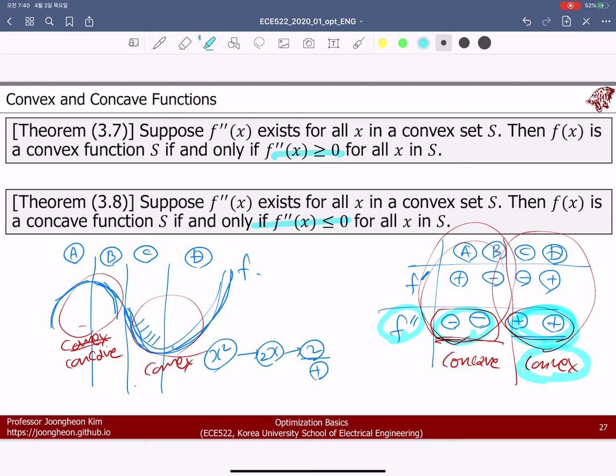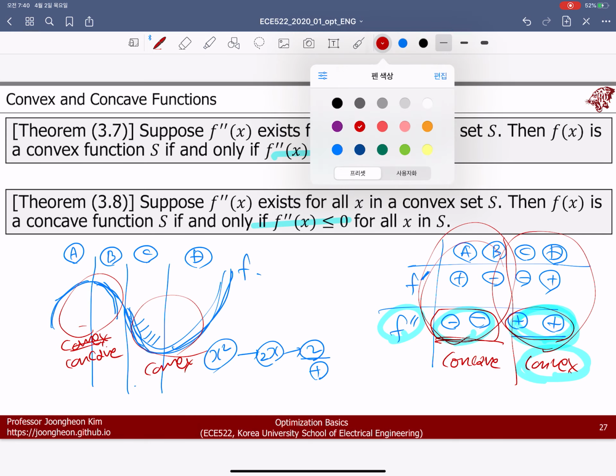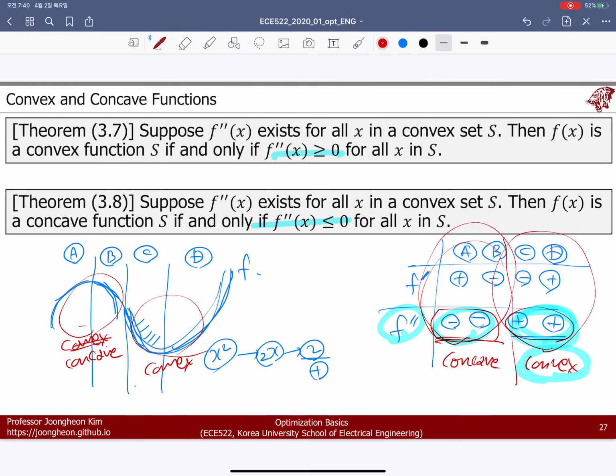Okay, but in this example, we just have only one variable. So this is f, this is f. Okay, then suppose that we have n number of variables. Then we have to take the second order derivation for individual variables. That's why we need the Hessian matrix, what we studied in the first lecture.